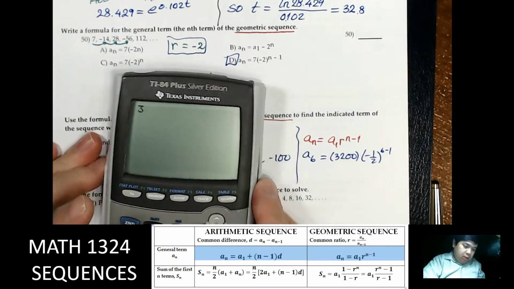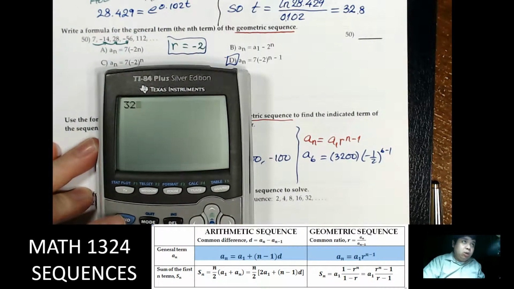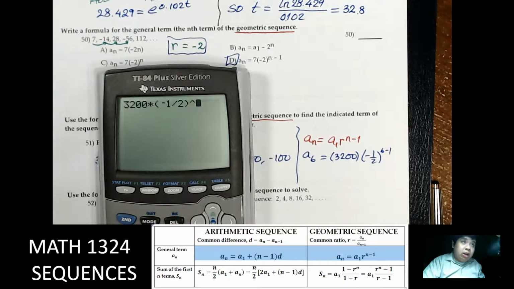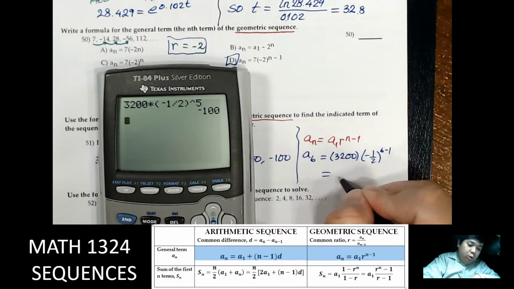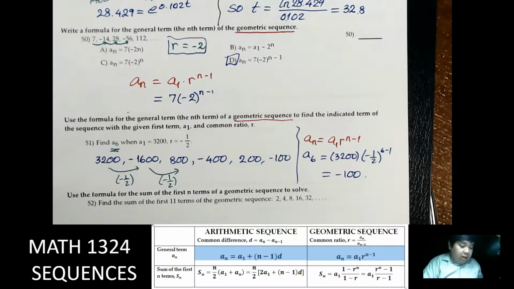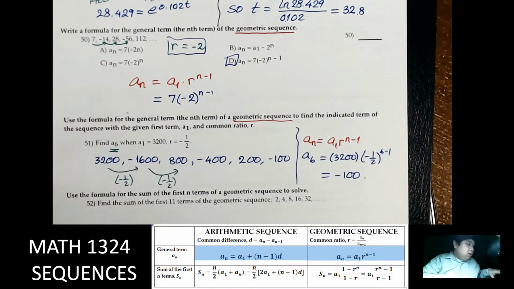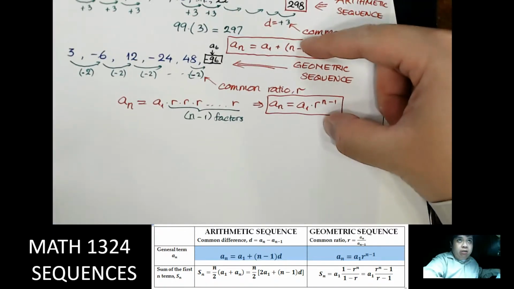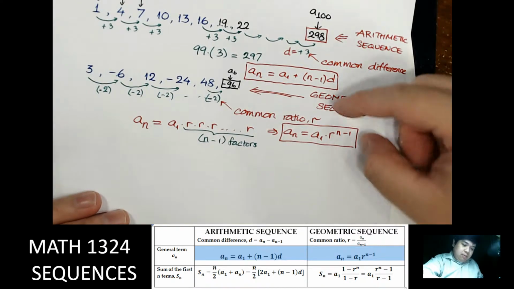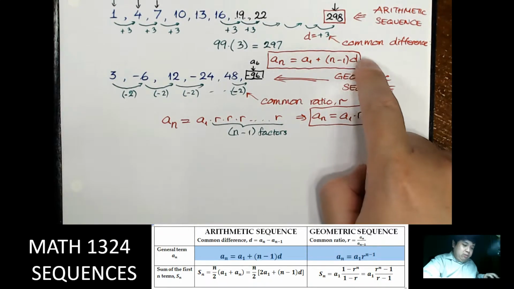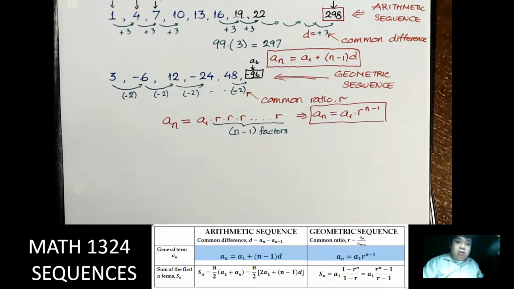So 3200 times -1/2 raised to the power of 6 minus 1 is 5. So either way we have that. Right. So very simple. Once again, it's going to take n minus 1 steps to go from the first term to the nth term. So that's why in both of these formulas we have the n minus 1 here. One we add, one we multiply. One we have multiply, one we have the power.